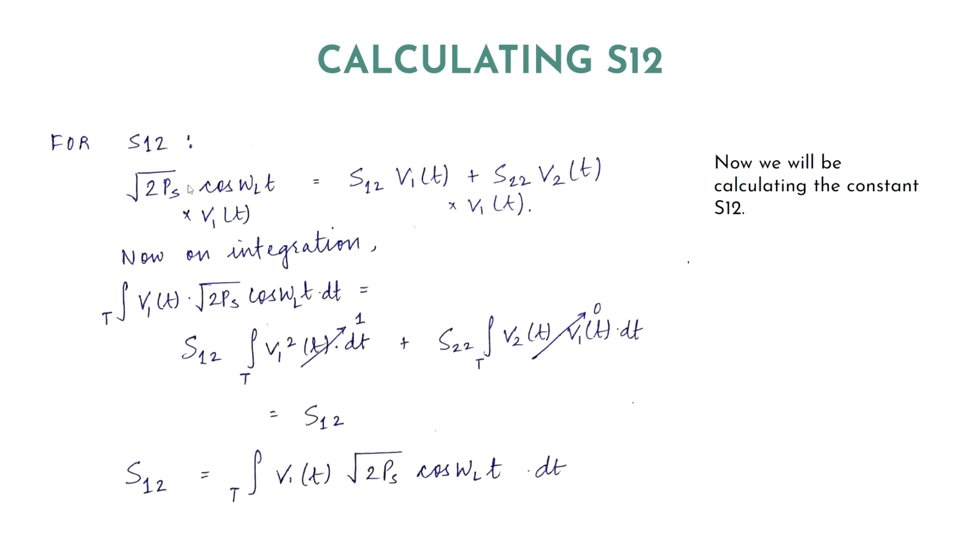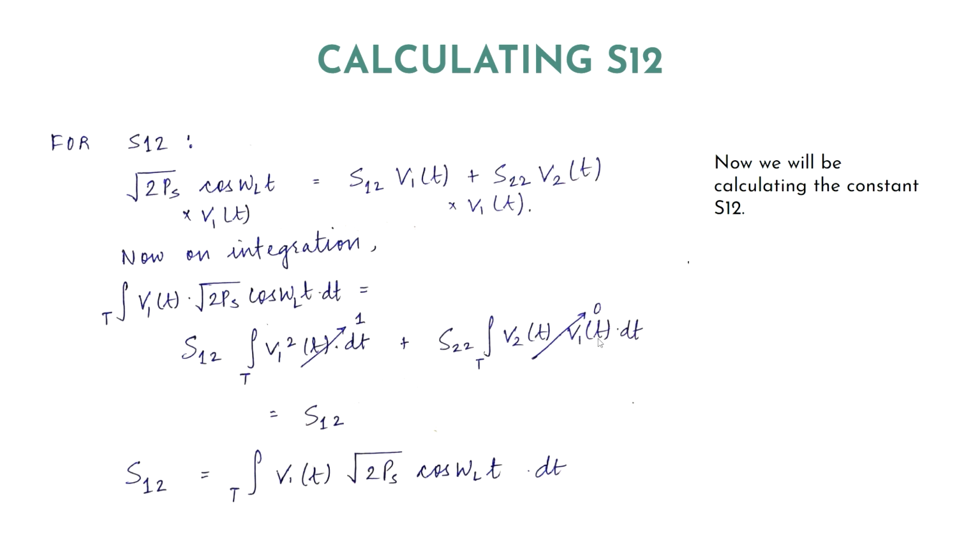For S12 we have this, under root 2Ps cos omega L t is equal to S12 V1 of t plus S22 V2 of t. Now we multiply both sides by V1 of t. When we do that, we get a V1 square of t term here and a V1 of t V2 of t term here. Now we integrate both the sides. Why did we do this?